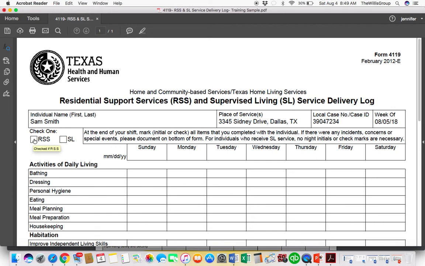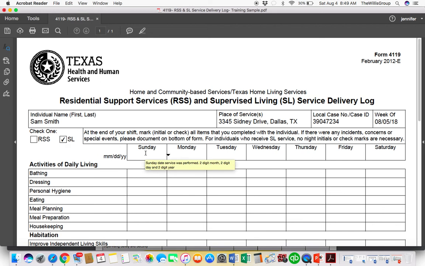Then we check if the individual is receiving residential support or receiving supervised living. It's one or the other. This information can be provided by the provider or your supervisor.